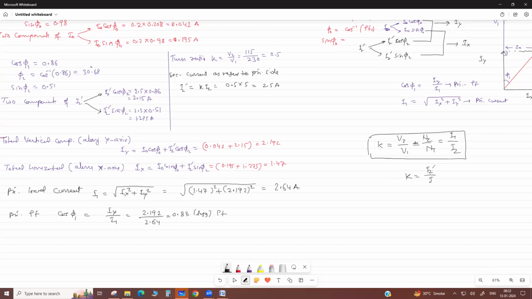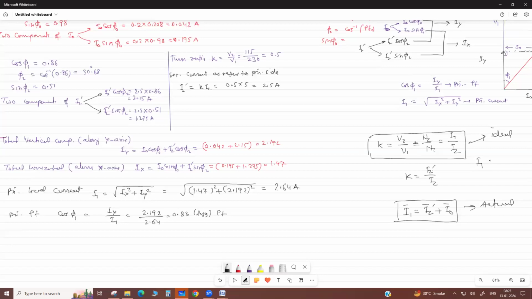Here we assume that I1 equals I2 dash. This is for the ideal case. Practically, for I1 you add I naught also, as a vector sum. This is the actual.